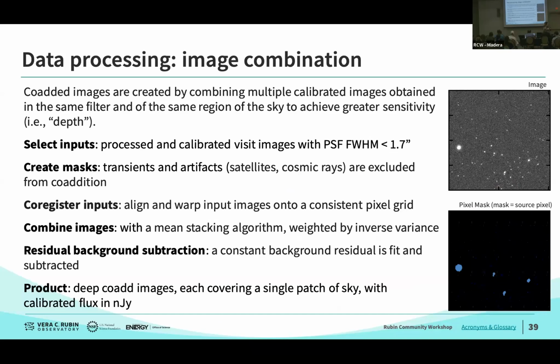To do the deep coadds, we do a number of processing steps in order to do this image combination. The co-added images are created by taking the calibrated visit images and combining them in the same filter in the same region of the sky to increase the sensitivity, or depth, of the imaging. Like I mentioned, we pick the optimal ones that have been processed and calibrated with a PSF full width half max of less than 1.7 arcseconds.